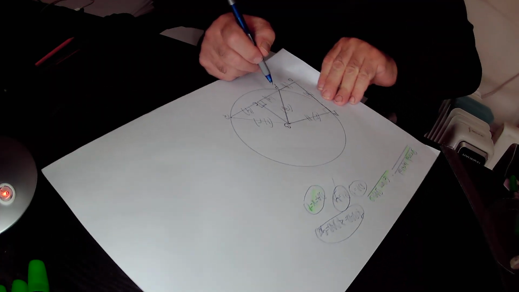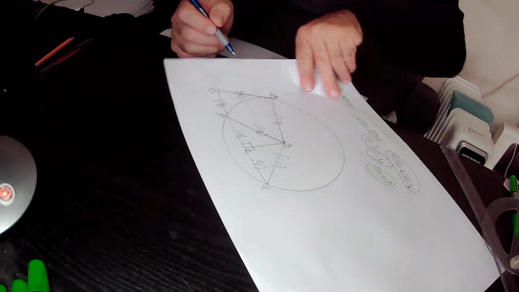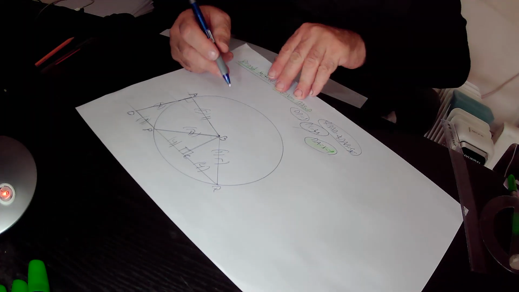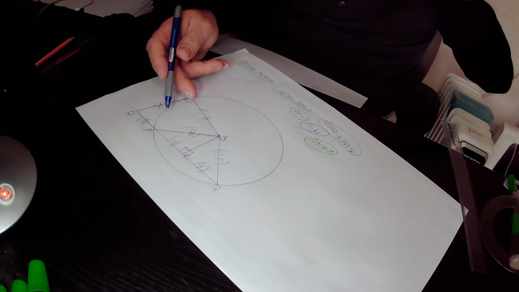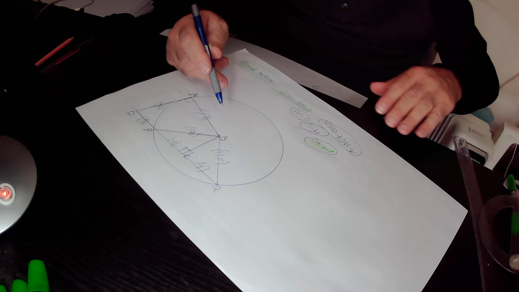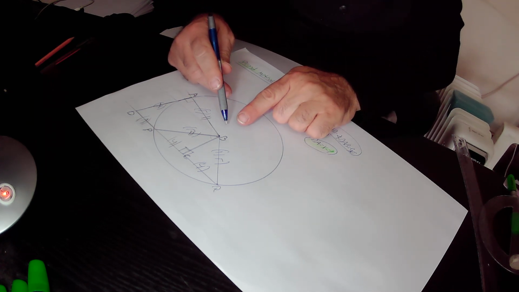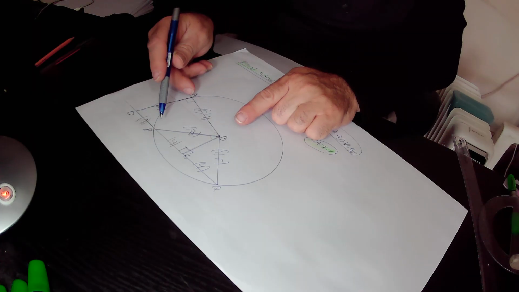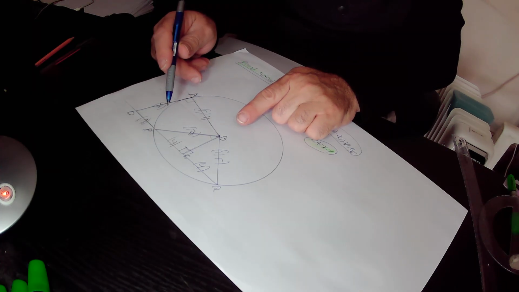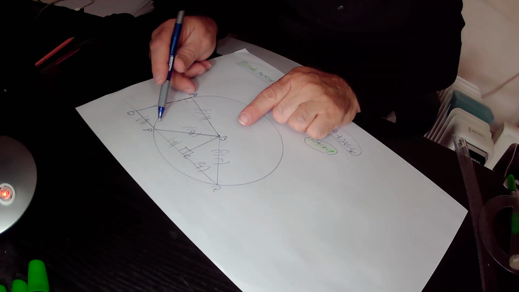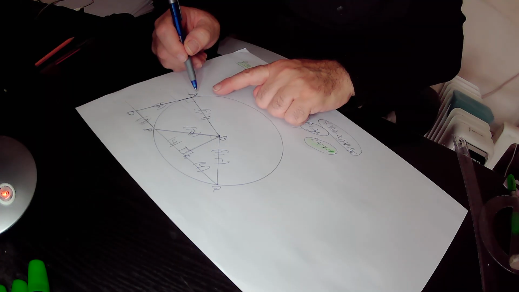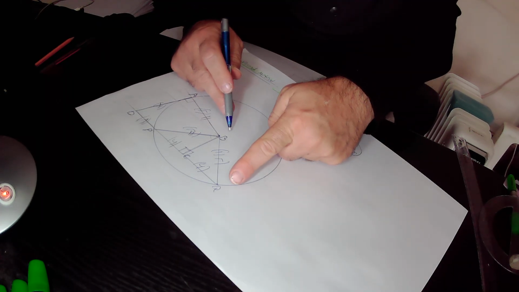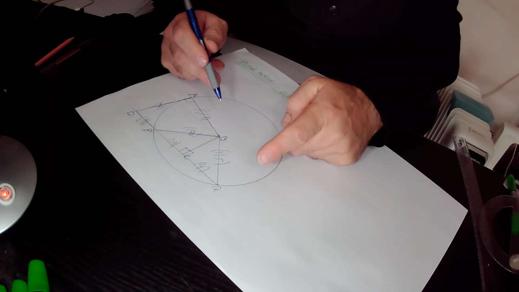So what is the definition of a radius? The radius of any circle starts from the center of the circle and ends on the circle itself. Therefore, point P must be located on the circle itself, point A must also be located on the circle itself, and point Q must also be located on the circle itself.